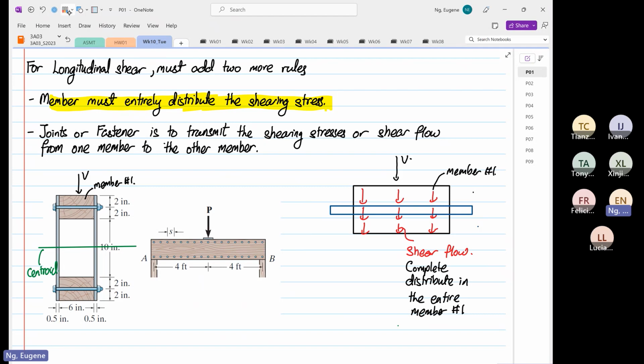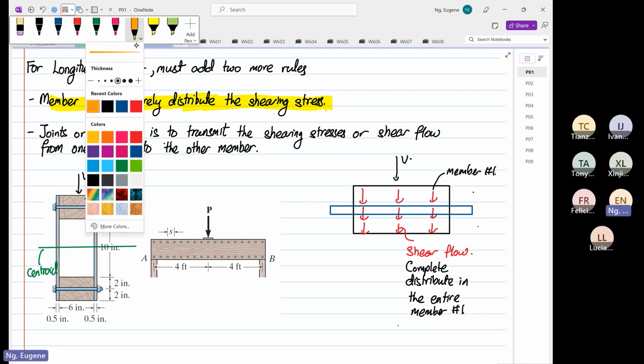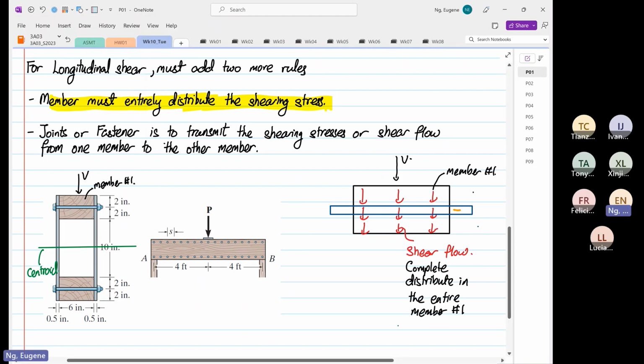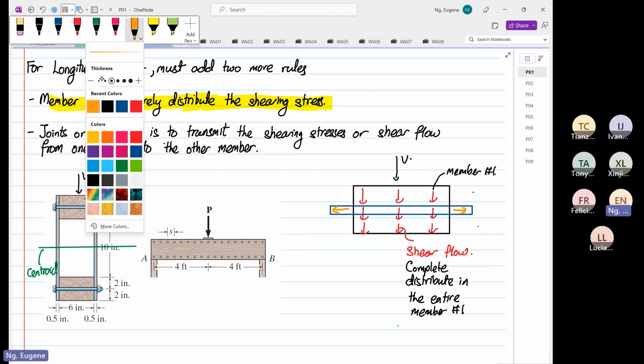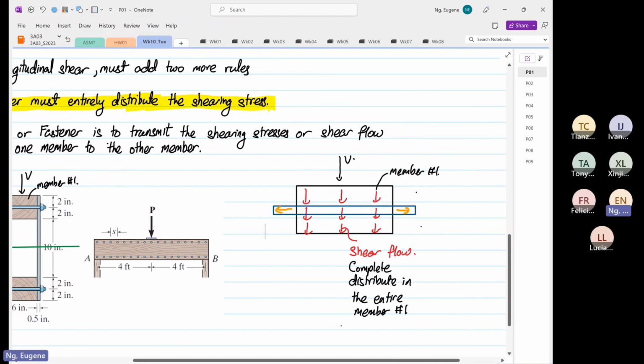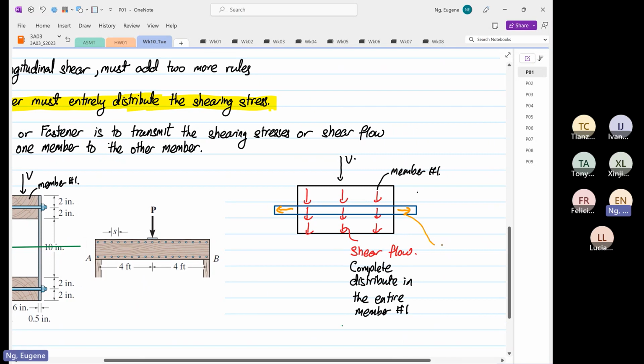So I'm going to draw a different arrow now. It will transmit the shear flow, the shear flow or the shear stress. So over here, this is to transmit.